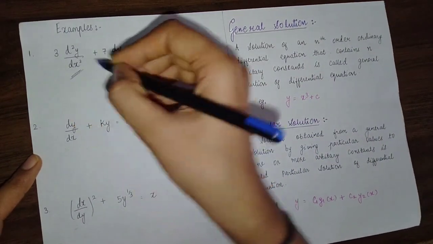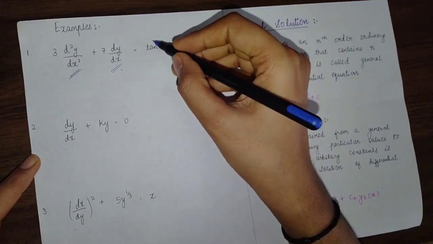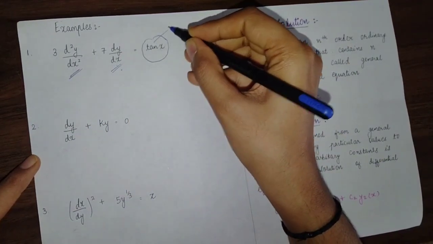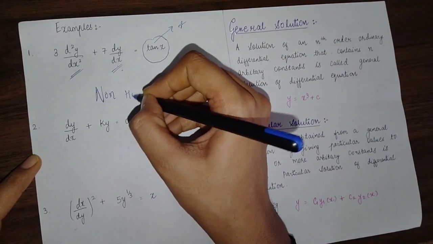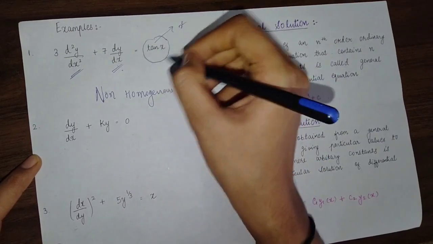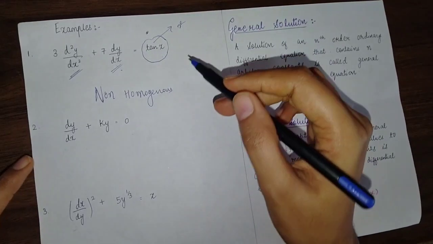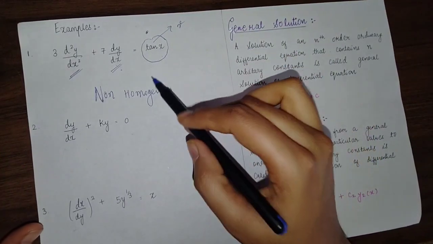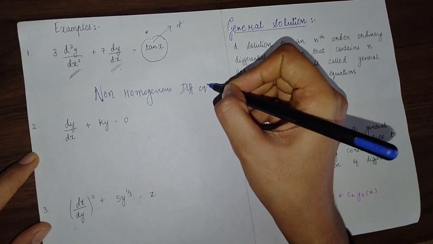So we can see here that we have the derivatives in the form of y. But the right hand side of the equation is in the form of x. It means it is a non-homogeneous equation. But here in place of this 10x, if we have 0, then this equation will be a homogeneous differential equation. But here it is a non-homogeneous differential equation.